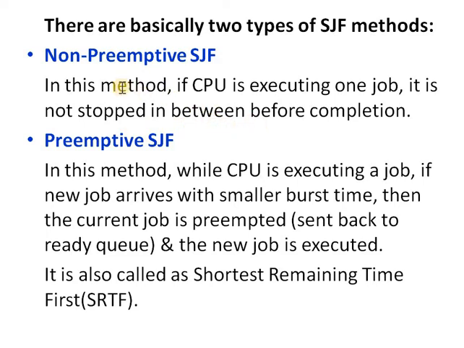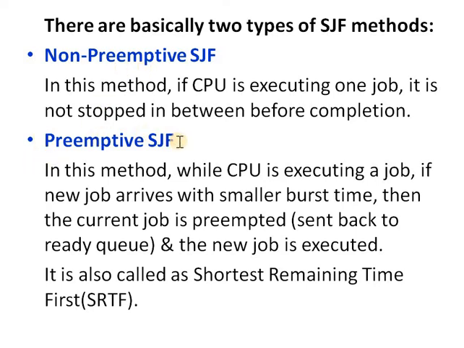In short, in the non-preemptive SJF algorithm, once the CPU cycle is allocated to a process, that process holds it till it reaches a waiting state or is fully terminated. This is non-preemptive SJF.